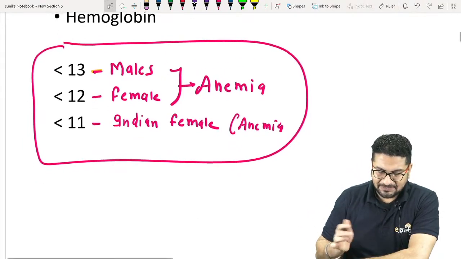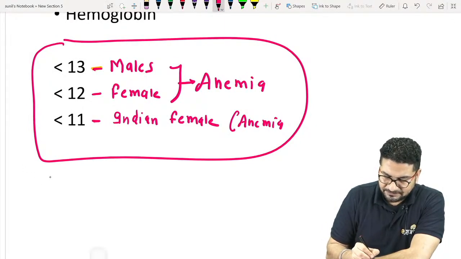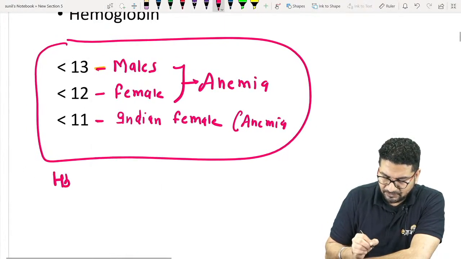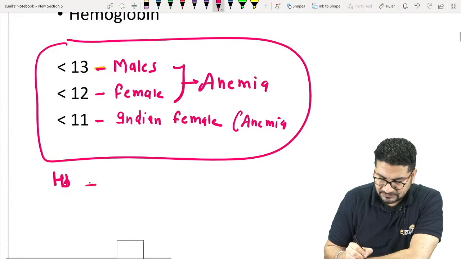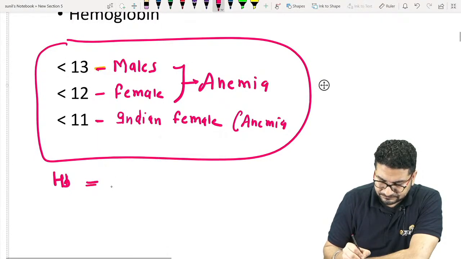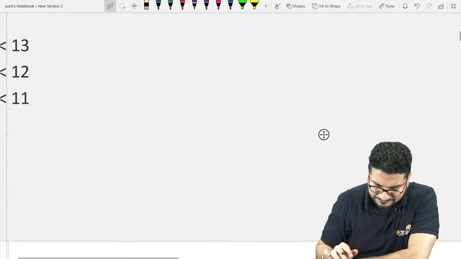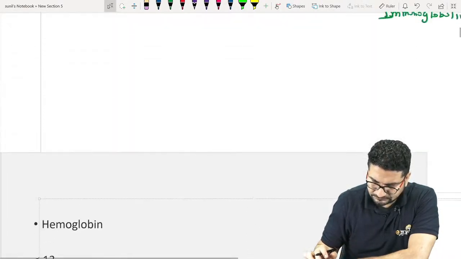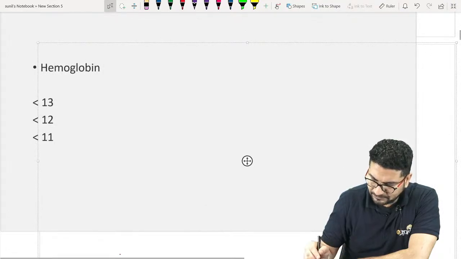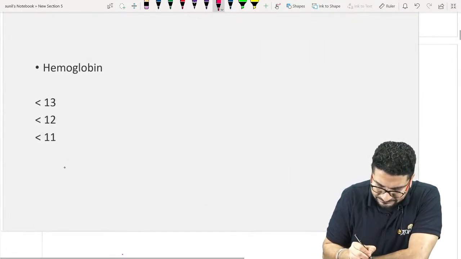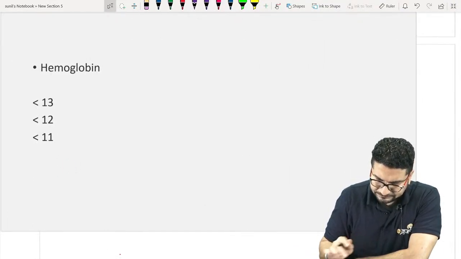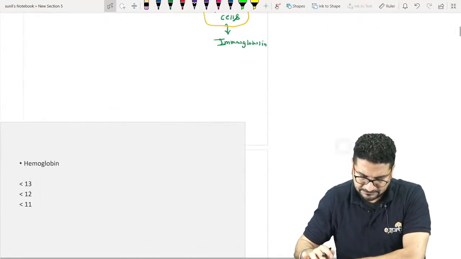So anemia we define by this. Sometimes they will not give you this, so this is about hemoglobin. What is the normal value of hemoglobin that you should remember for your exam? Just a minute.